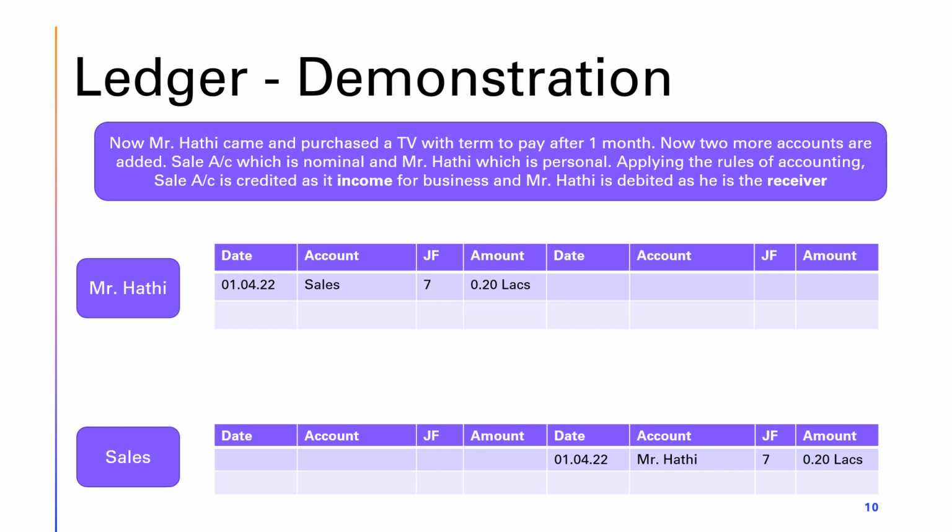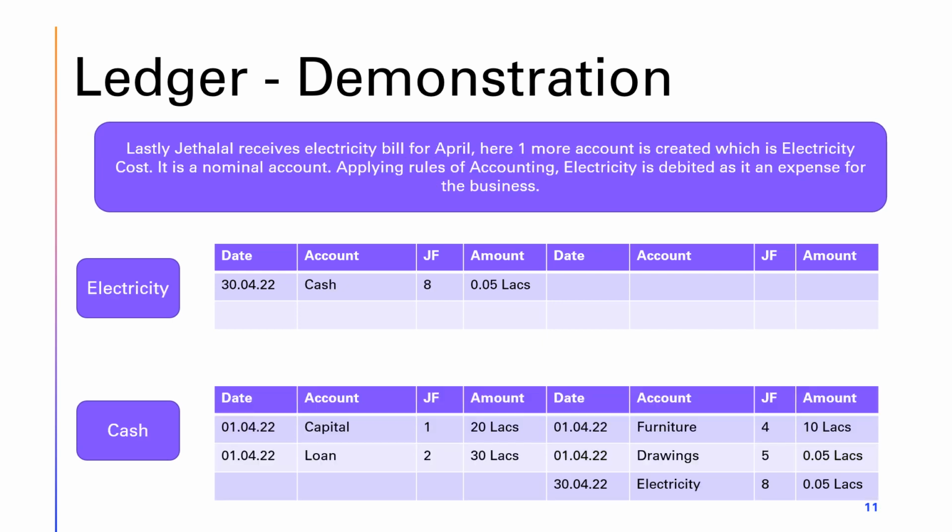And hence, this is a credit based business. We will have two more ledgers and the amount will be recorded there as you can see on the screen. Lastly, payment of electricity bill by Jethalal. And in this, simply one new ledger account is opened and the amount is posted.